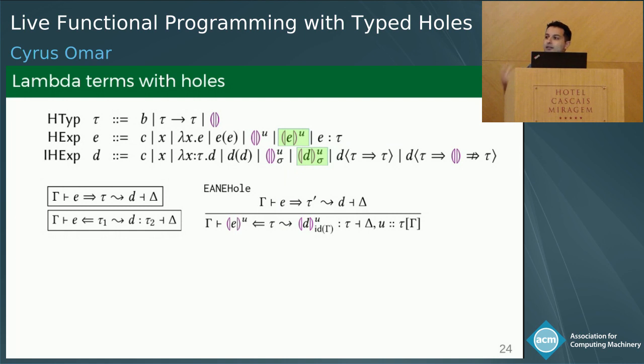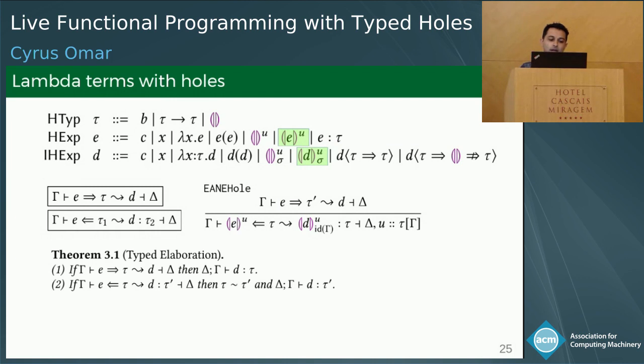You start with the identity environment where no substitutions have happened, so each variable is mapped to itself. What you also produce as the result of elaboration is this delta, the hole context, which maps each hole name to its type and to the context around the hole. That tells you something about what the hole has to be filled with. And there's this typed elaboration theorem that tells you elaboration is type preserving. I won't belabor that.